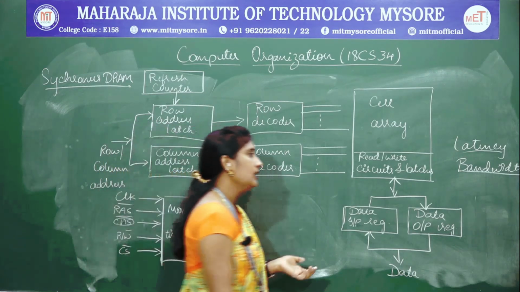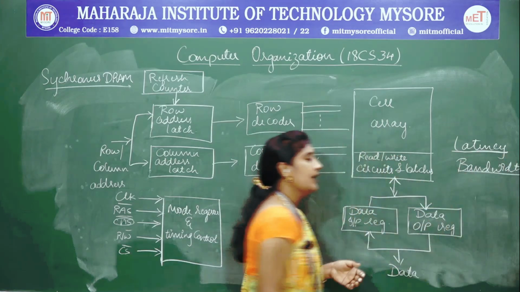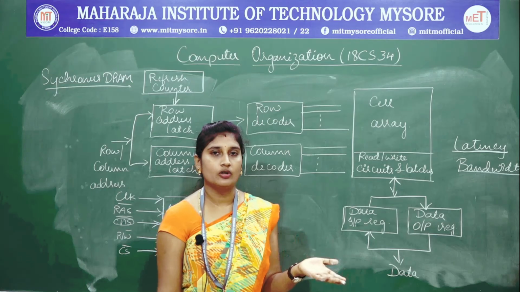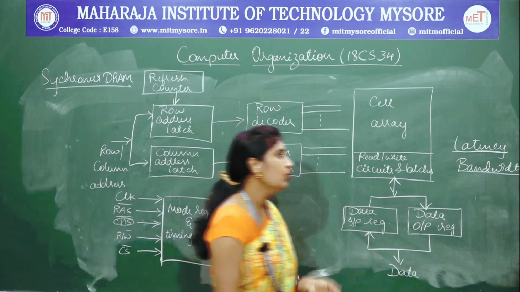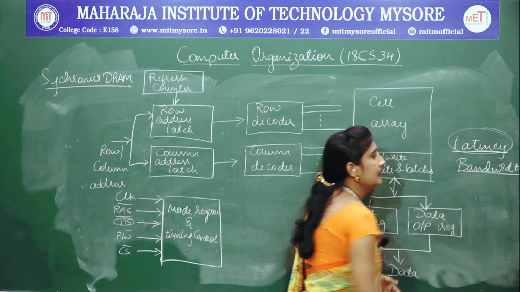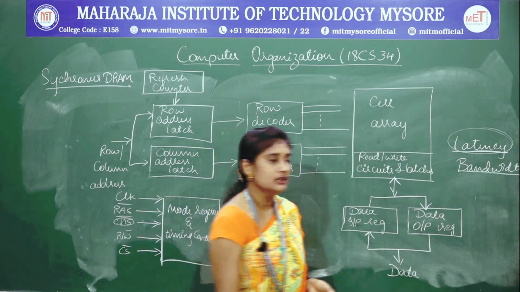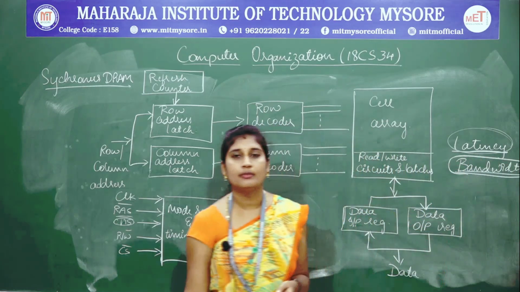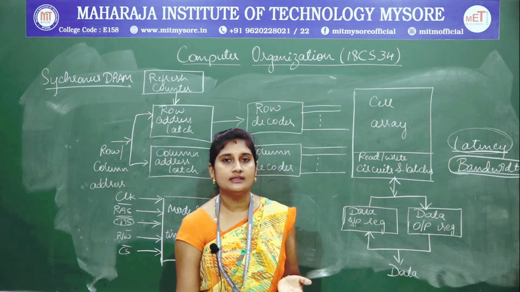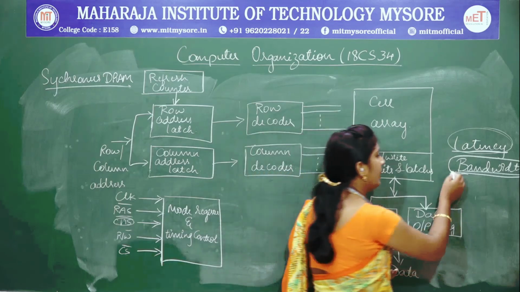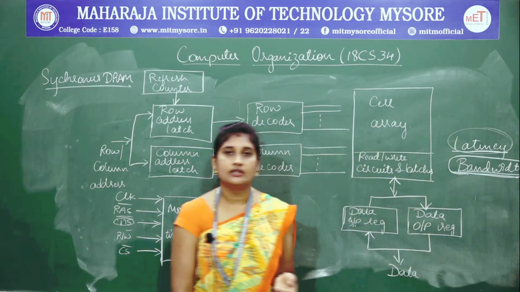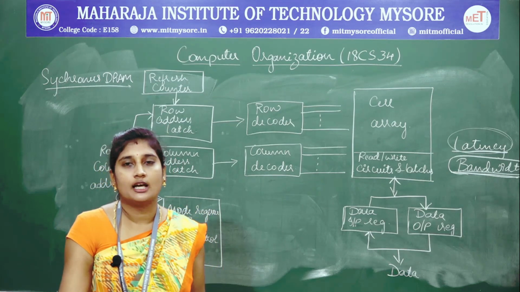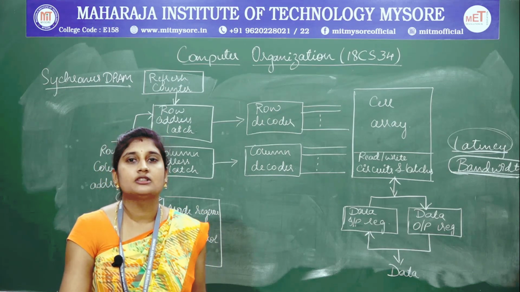The time taken to transfer a word to or from the memory, you will be calling latency. And the number of bits that can be transferred in 1 second will be called bandwidth. Fine. So based on these two measurements, you will be calculating whether the access time is fast or slow.